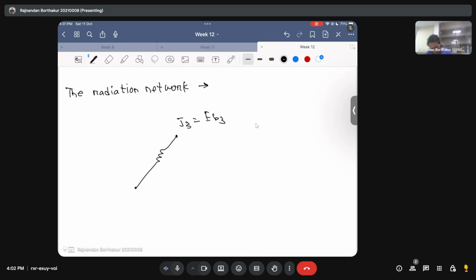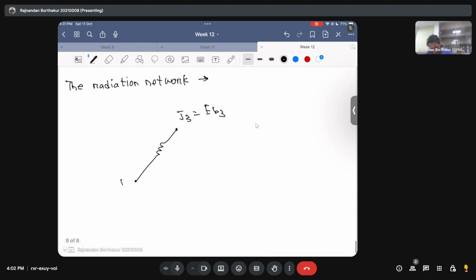For instance, this is going to be, let's say, J1, which is the radiosity node of the heater. So the associated space resistance is going to be 1 by A1 F13 or 1 by A3 F31. Anyways, you can do either, but it's always better to write the areas in terms of either the absorber or the heater, because we don't know precisely the area of the surrounding. So we'll always write it in terms of either A1 F13 or A2 F23.